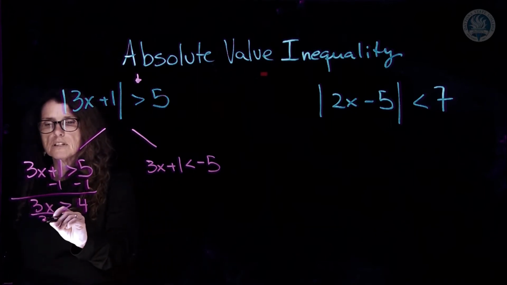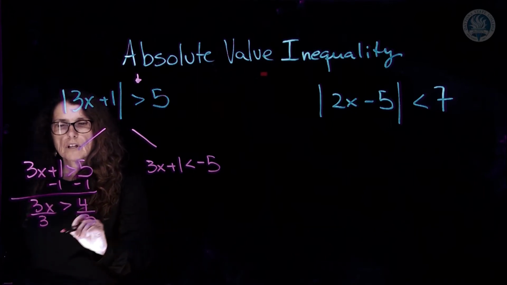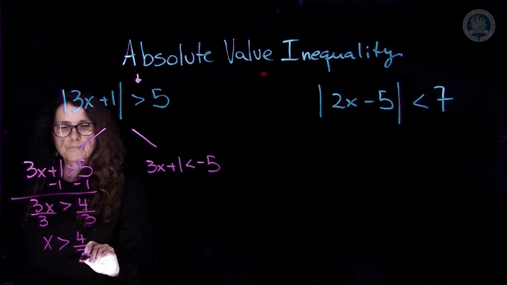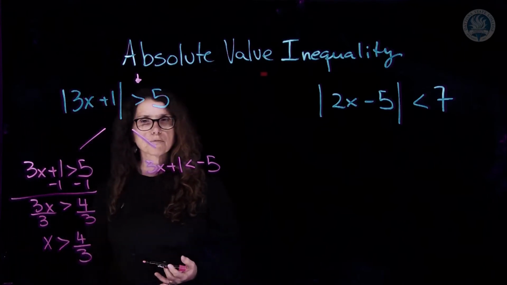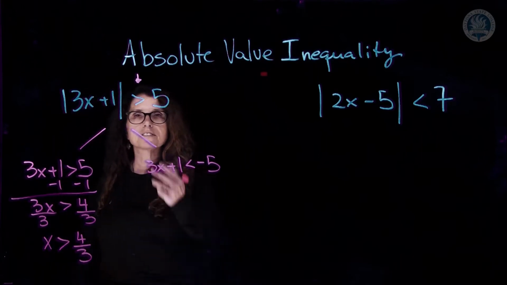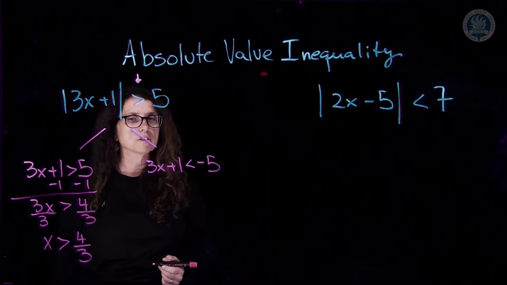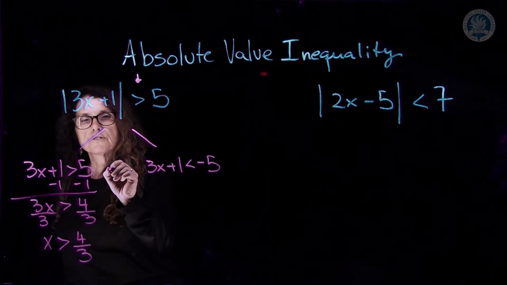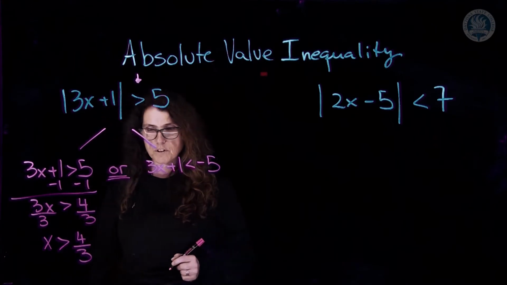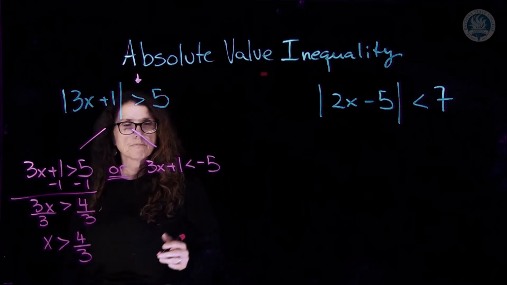Divide by 3, and x is greater than 4/3. Now, from previous work, you know that when we have absolute value inequalities that have the greater symbol, that turns into a compound inequality with the word or in between.